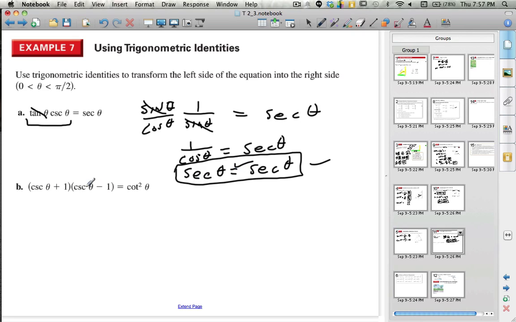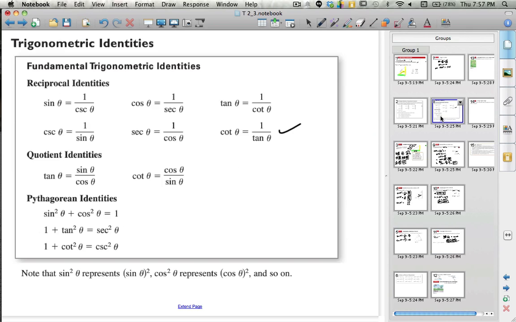Again, right here we want to transform the left side until it becomes the right side. So when I look at this, cosecant theta plus 1 times cosecant theta minus 1, equals cotangent squared, I'm not sure what I ought to do. If I go back here and look, here's cosecant and here's cotangent, and this is like 1 plus cotangent squared equals cosecant squared.